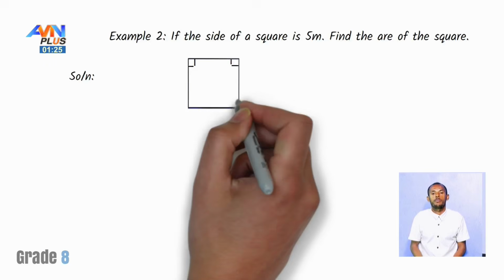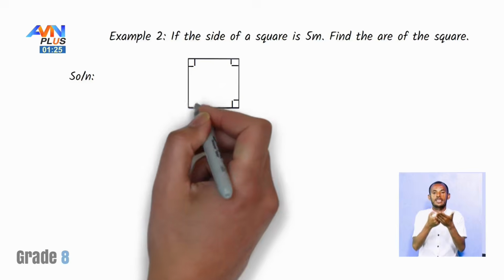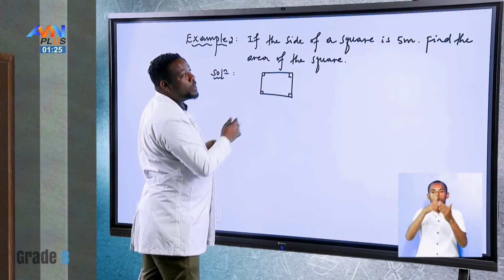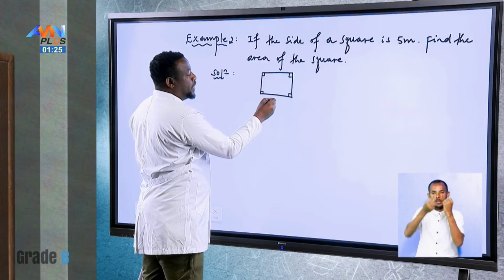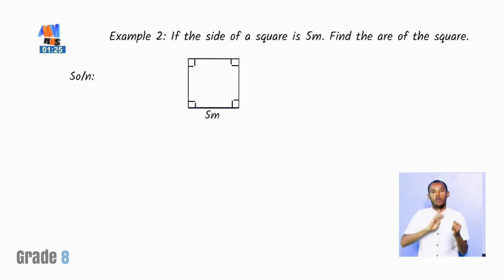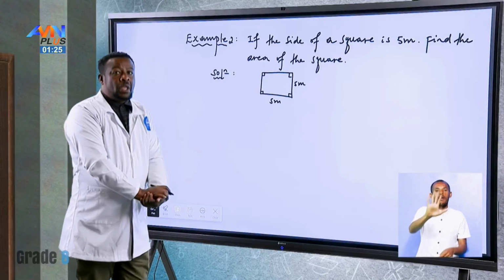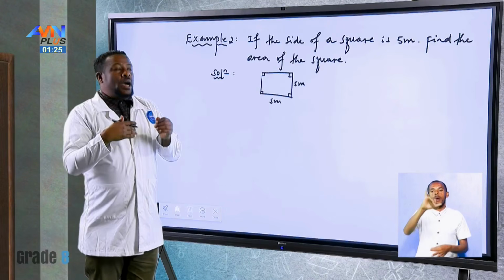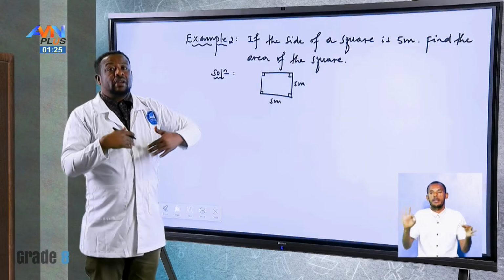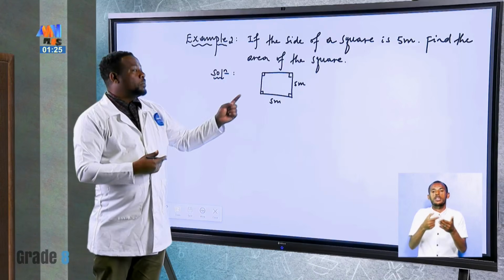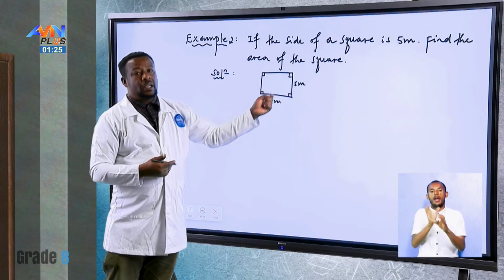So if this is a square, all the sides must be the same. So based on the information that we have, each side has length 5 meter by 5 meter.